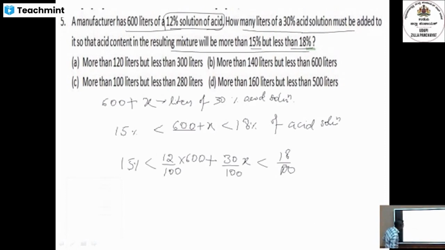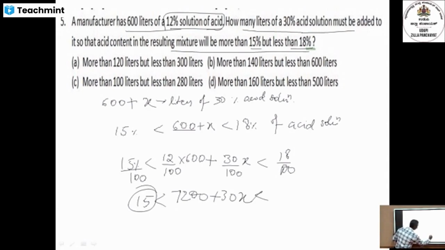When you simplify this, 100 is a common denominator, so you will get 7,200 plus 30x less than 18% of the solution.